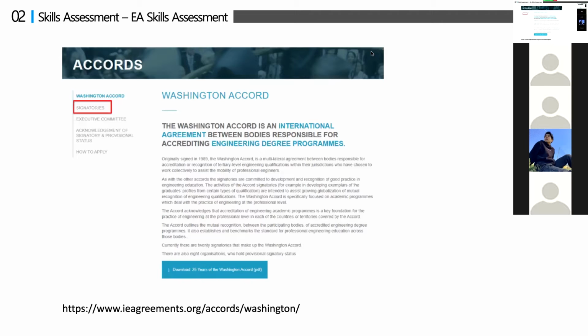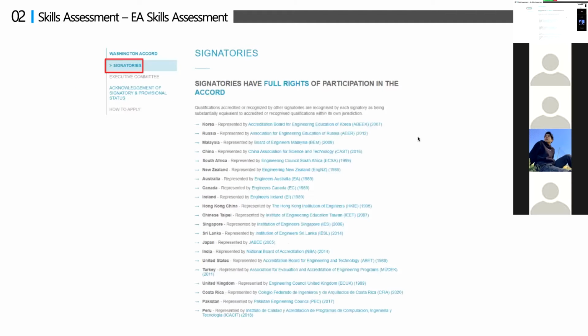So maybe let's move to the next slide. Yeah, see, then you can see the universities of each country, and if you click a certain country link, then you can find the university, college, and course information in that country.